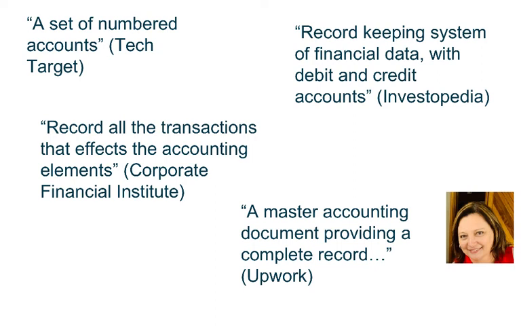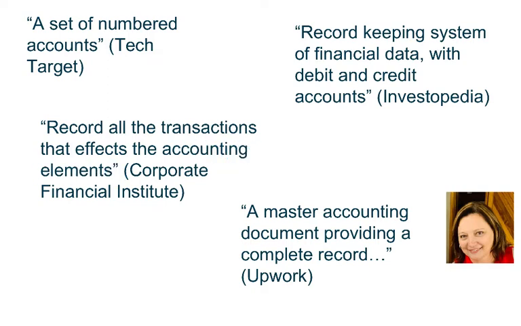Then another definition is the recording of all the transactions that will affect the accounting elements. Now you will remember the accounting elements. We had 5: income, expenses, assets, liabilities, and then of course the difference between assets and liabilities will be your owner's equity.